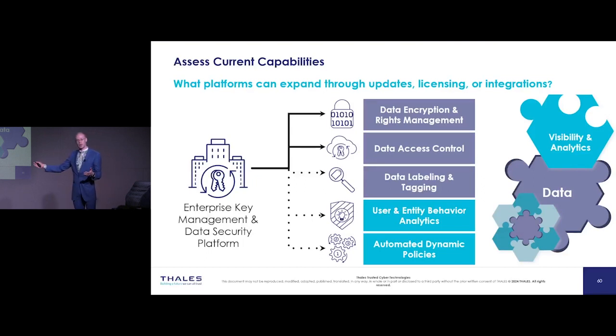I discover that my enterprise key management and data security platform can integrate with that analytics tool, and allows me to feed it all the behavioral analytics coming from my transparent encryption transactions. Now I have a more robust solution because I'm able to integrate those two products and provide analytics and user heuristics based upon how they're accessing the data that is encrypted through my transparent encryption solution.